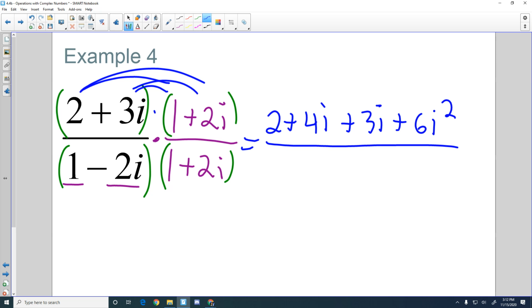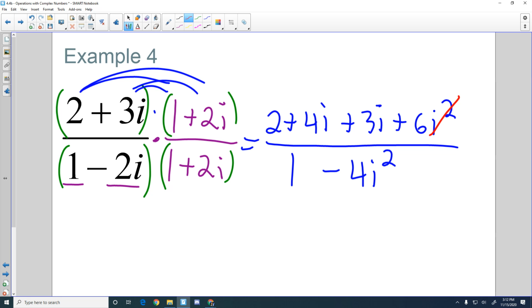Don't forget. In the bottom, that's a 1 times 1 is 1. Negative 2i times positive 2i is negative 4i squared. Yep, i squared. Now looking at every term, anytime you've got an exponent on i, you're going to want to simplify it.